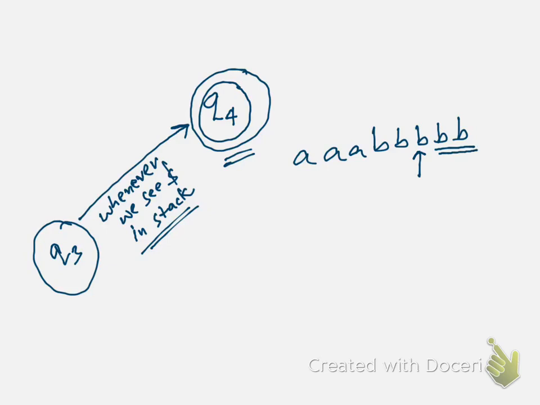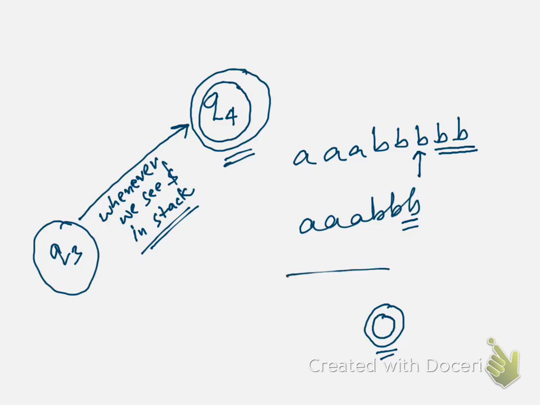When you reach this final state, your entire string should have been processed. So in any PDA, if I reach a final state like this, which has no further transitions, so there are no outgoing links, and my input is not processed completely, and there are still symbols pending in my input, I am going to reject it.